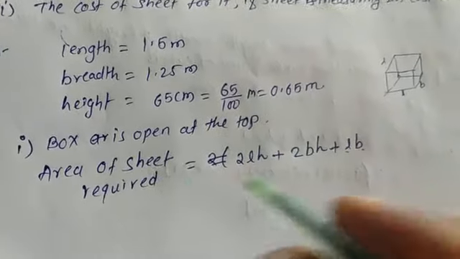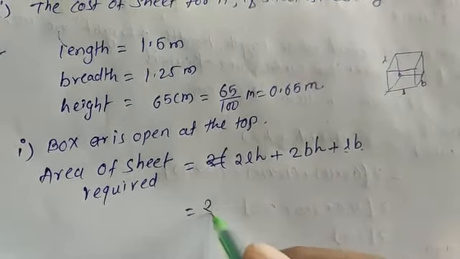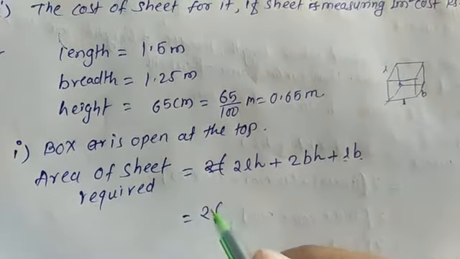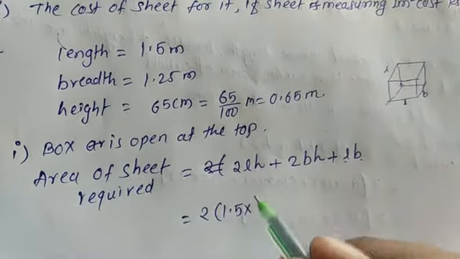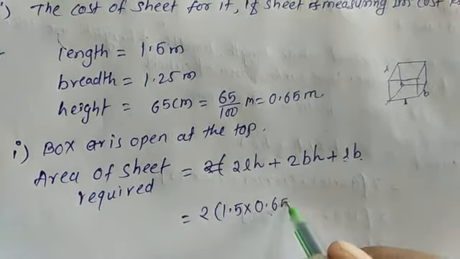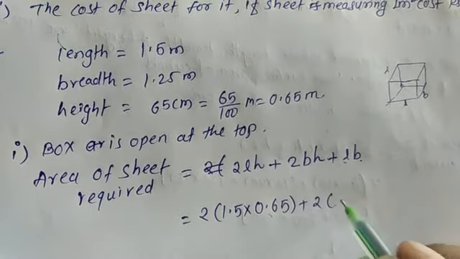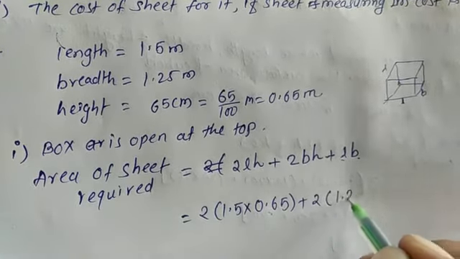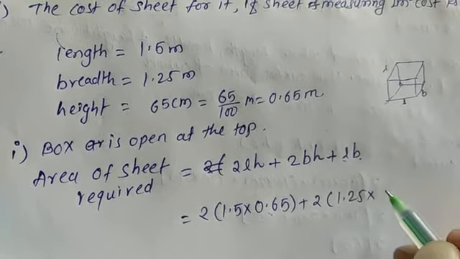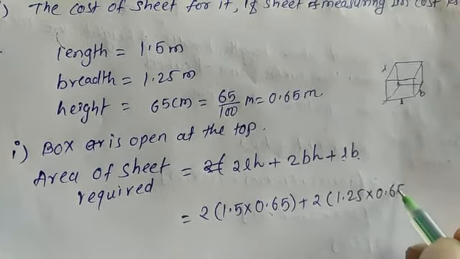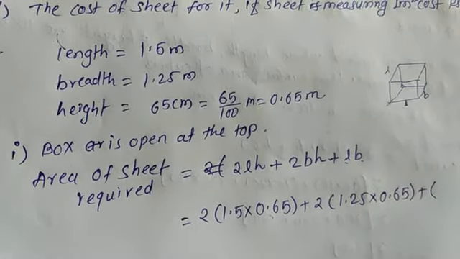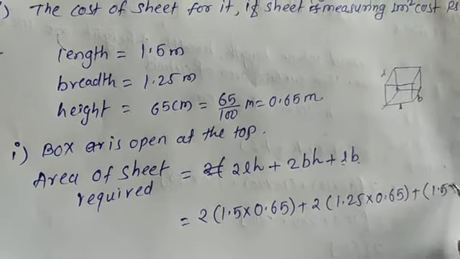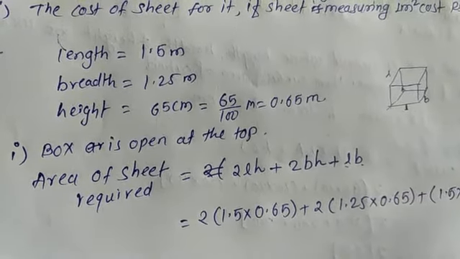So our solution will be 2 into bracket length 1.5 into height 0.65, plus 2 into bracket breadth 1.25 into height 0.65, plus length into breadth, which is 1.5 into 1.25.